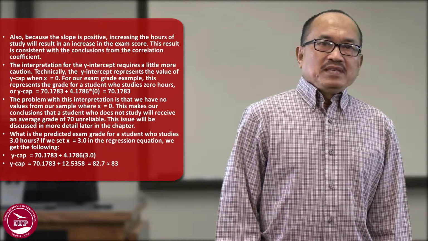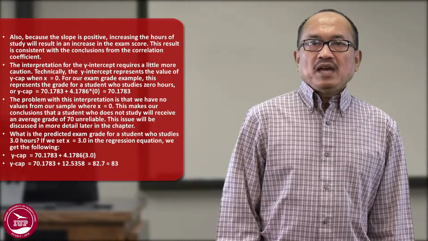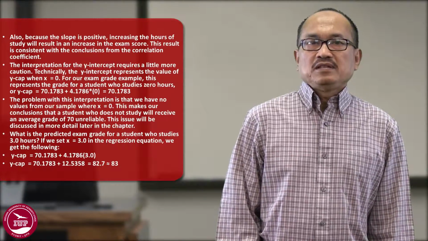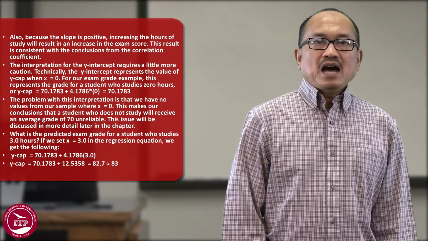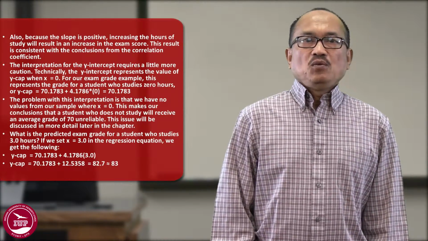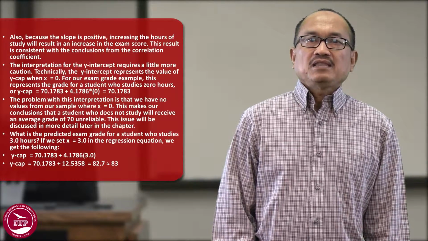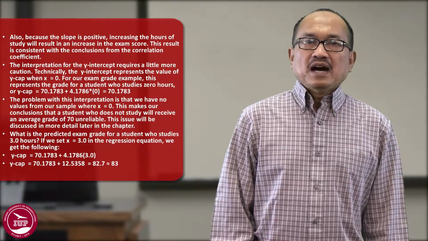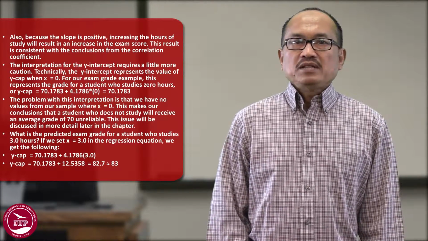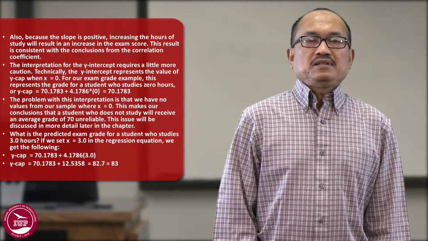The problem with this interpretation is that we have no values for our sample where x equals 0. This makes our conclusion that a student who does not study will receive an average grade of 70 unreliable. This issue will be discussed in more detail later in the chapter.